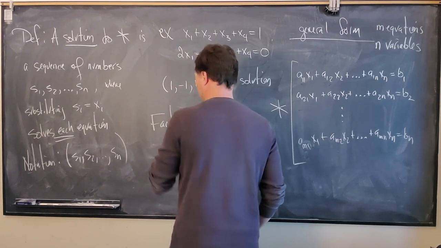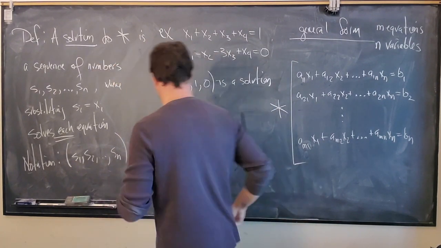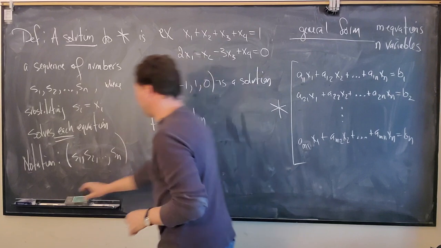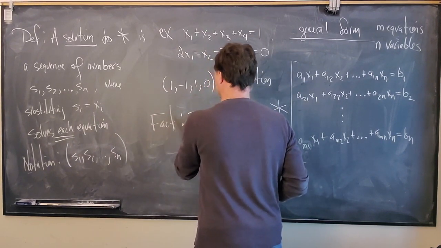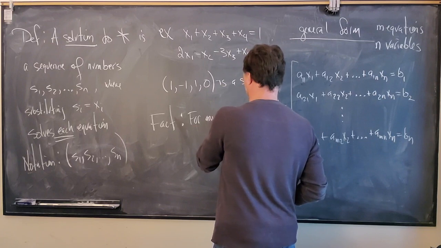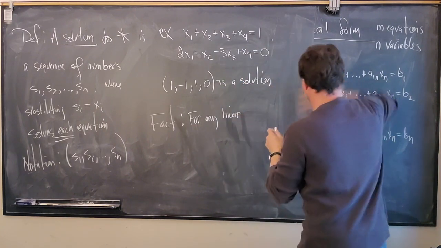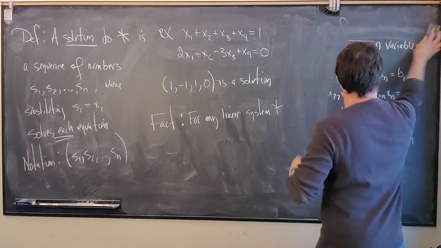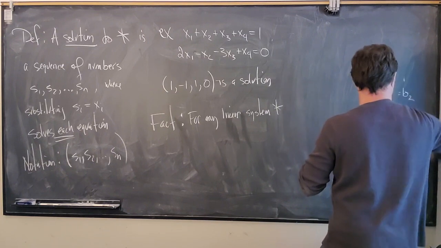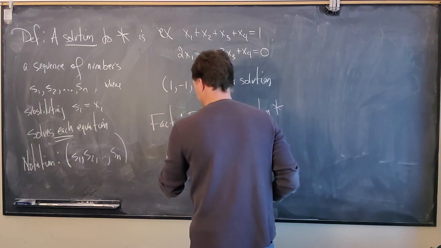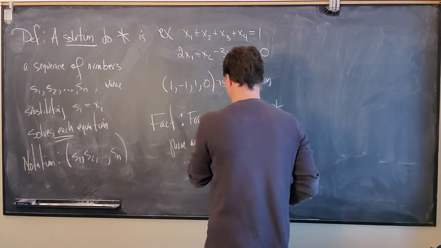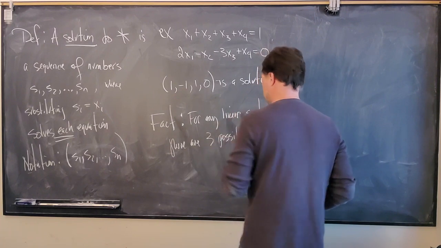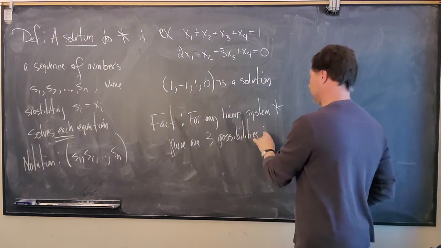Now, here's an important fact. For any linear system of the form star, there are three possibilities. So one of these three has to happen.